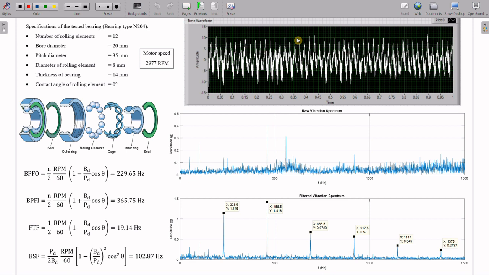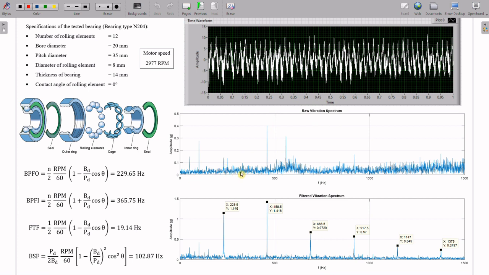Why MATLAB program? Because MATLAB program is more powerful to perform calculation. Meanwhile, LabVIEW program is more suitable for measurement. In MATLAB program, we can transform time domain data to frequency domain data or spectrum. Here, I show you the raw vibration spectrum.